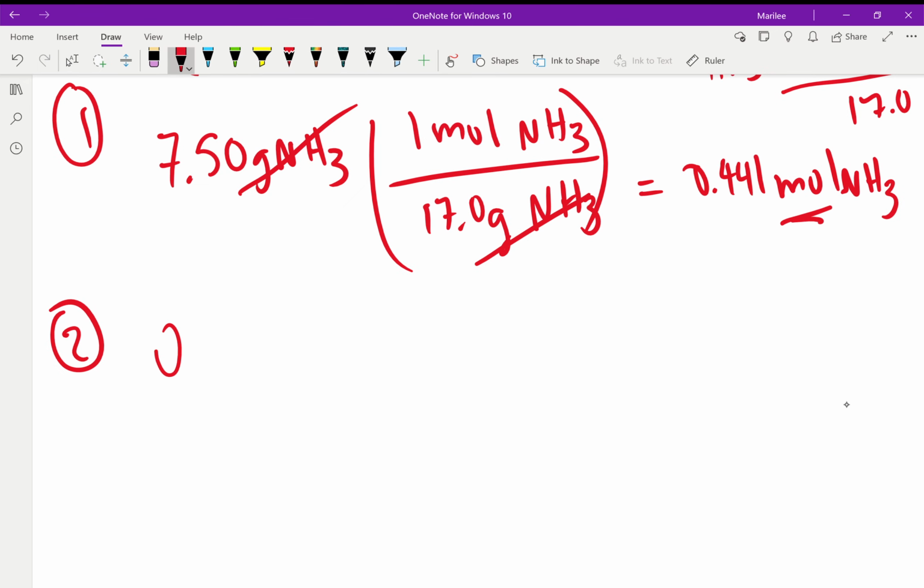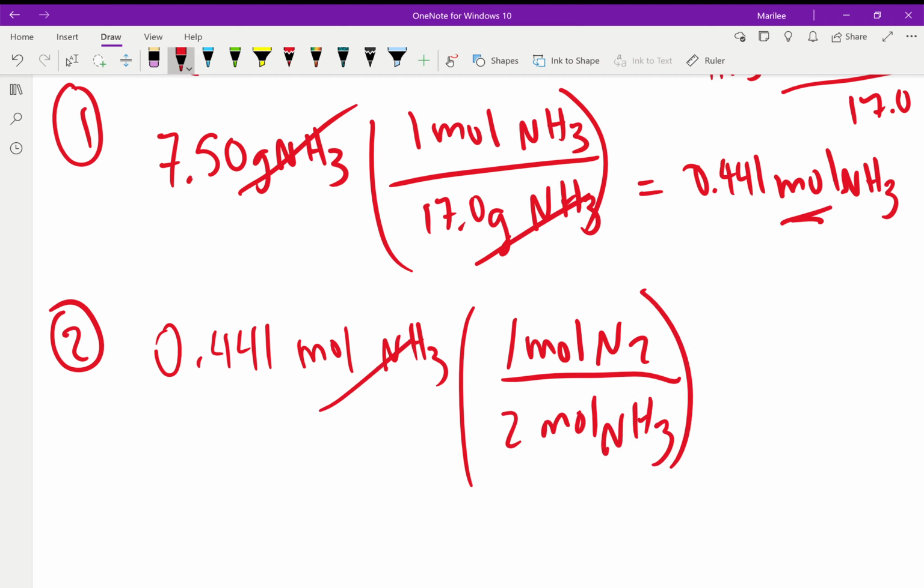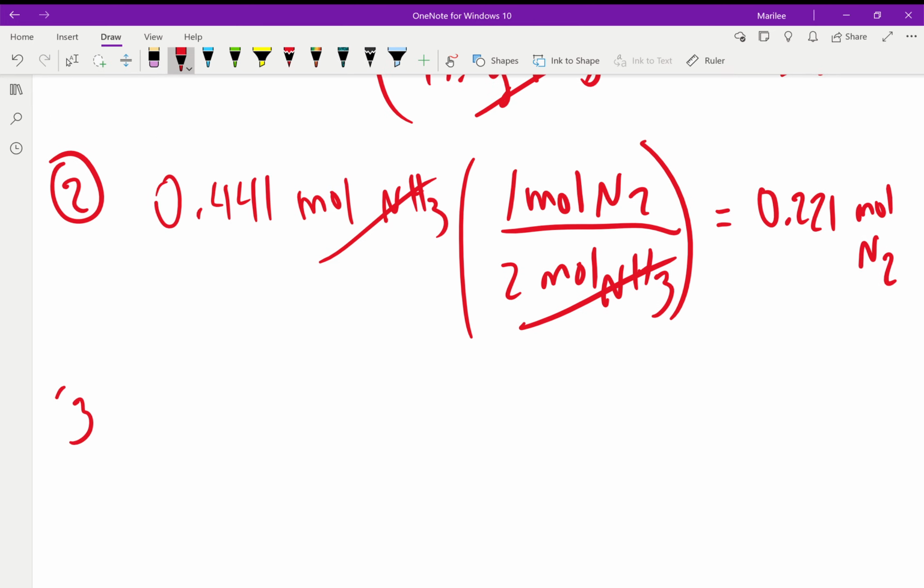We have the 0.441 mole NH3, and then we have the 1 mole of N2 gives us 2 moles of NH3. The mole of NH3 cancels, so we will have 0.221 moles of N2. And our final step, step 3, is to convert the moles of N2 into grams of N2, because the question asks how many grams.